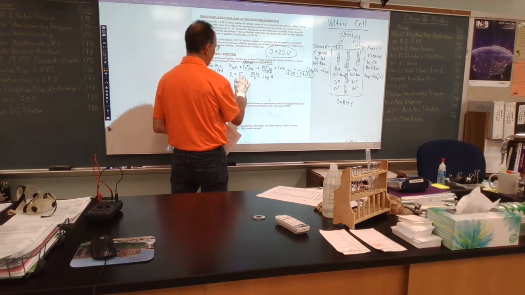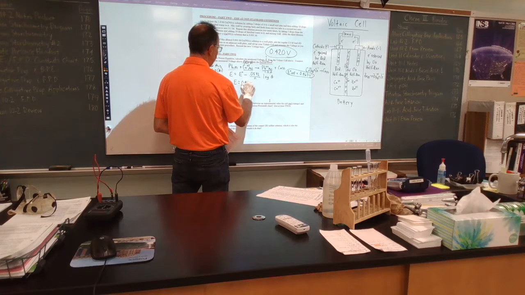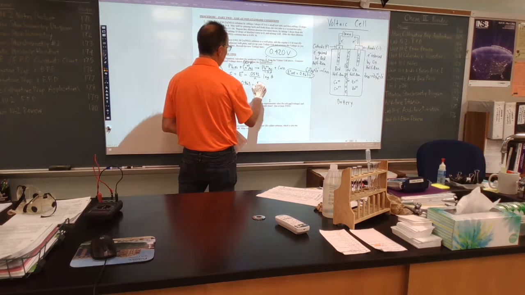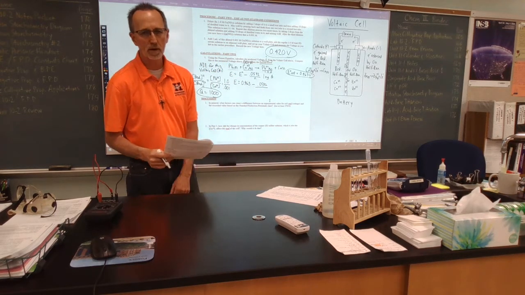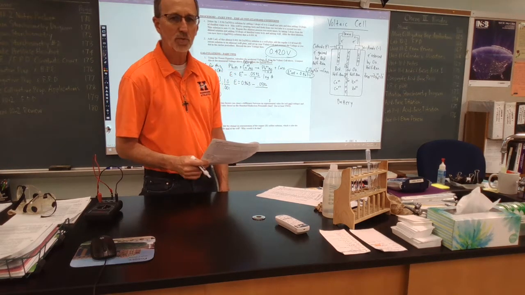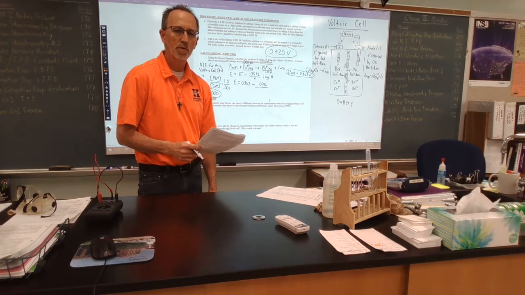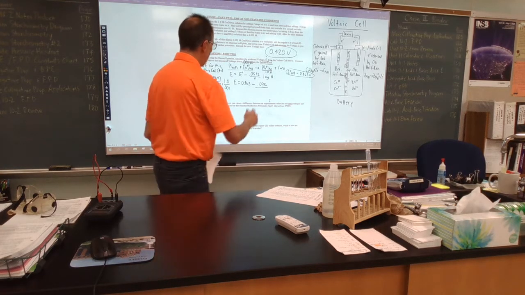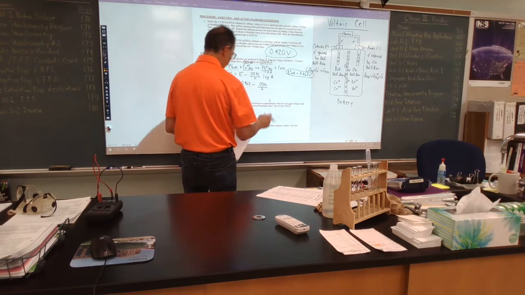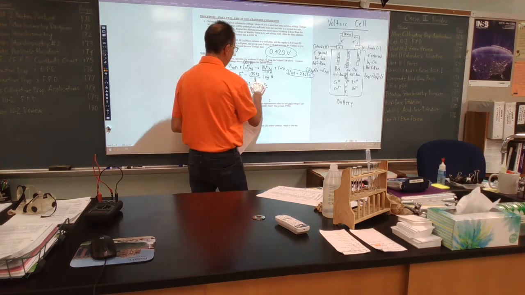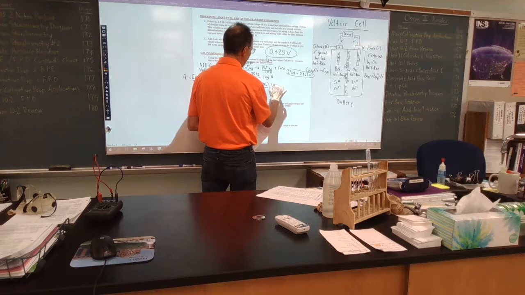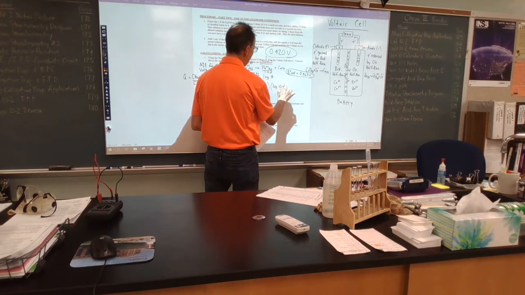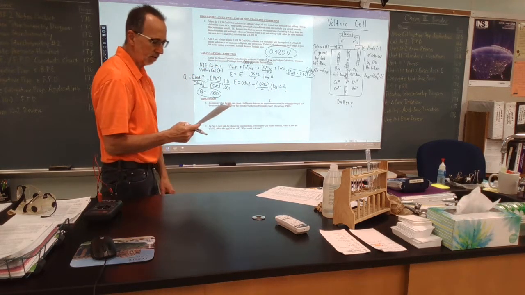All right, now we can calculate E. So E is equal to E cell, which is 0.463, minus 0.0592 over n. If you remember from your back page when we did our net ionic equation, when we put our two half reactions together, the transfer of electrons was equal to 2. So this n would be 2. And then also times log of 1,000. So now we're just going to do the math.